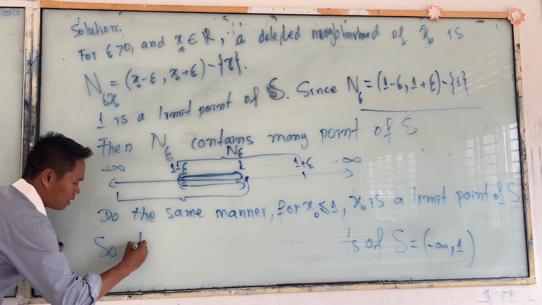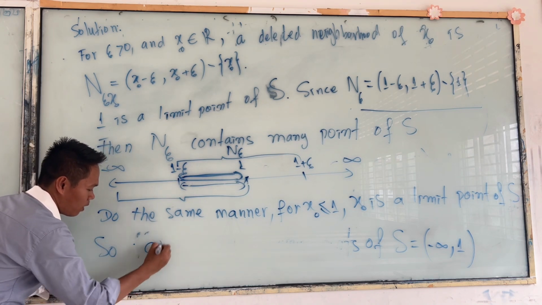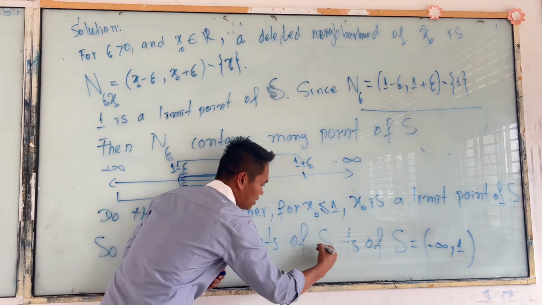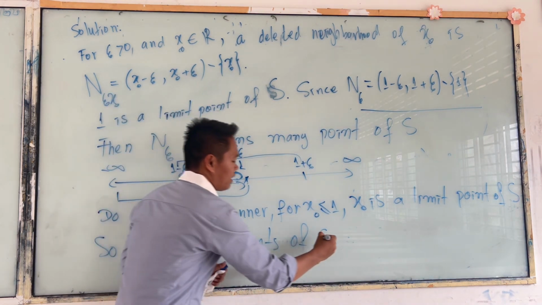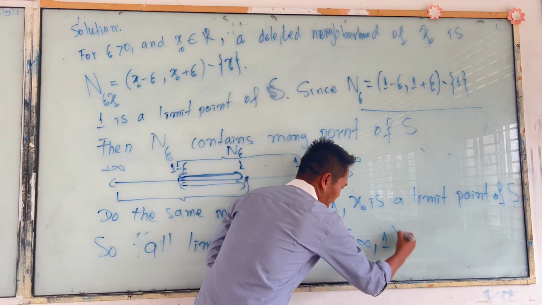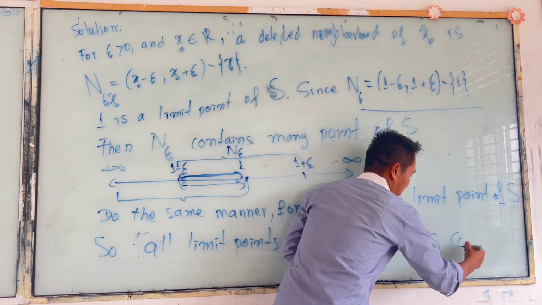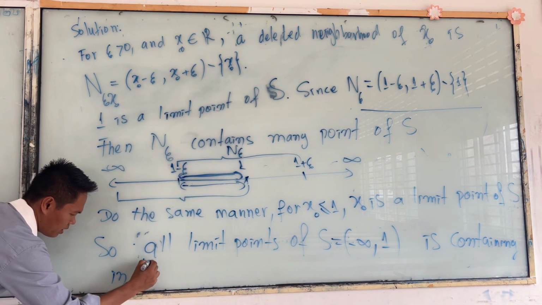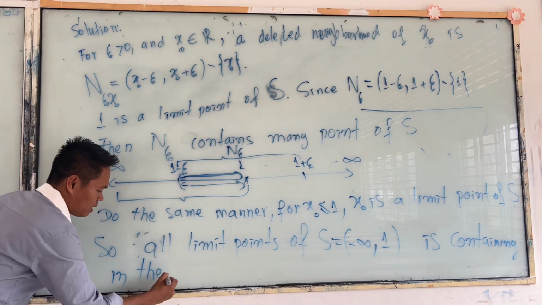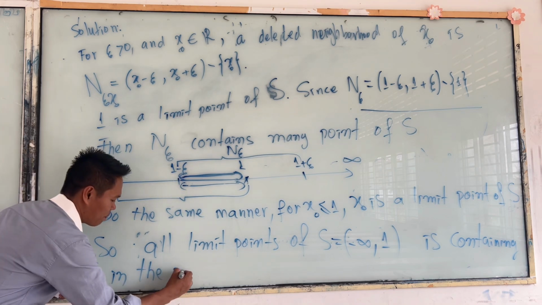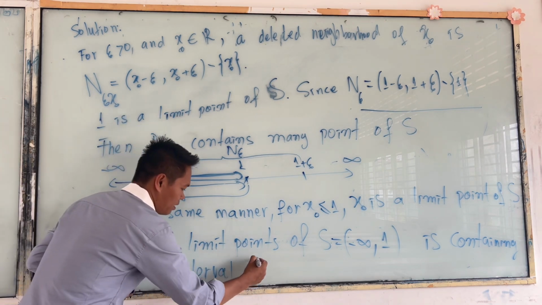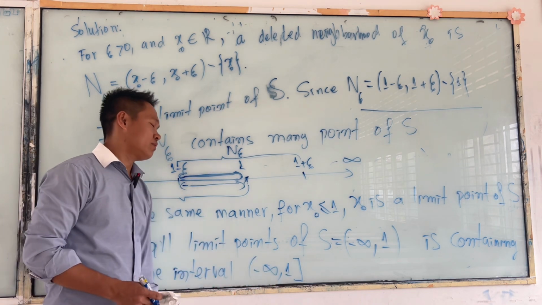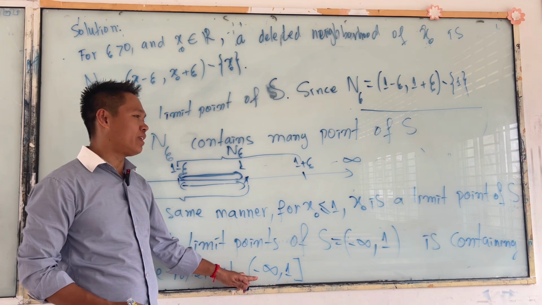So all limit points of S, the open interval negative infinity to 1, are contained in the interval negative infinity to 1 closed, the half-open interval, open at infinity and closed at 1.